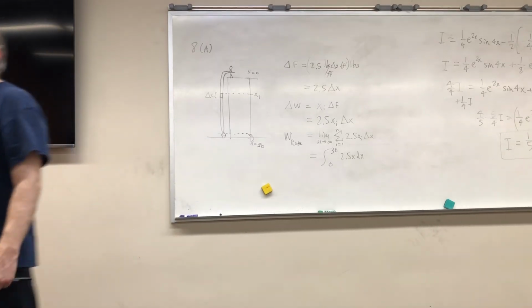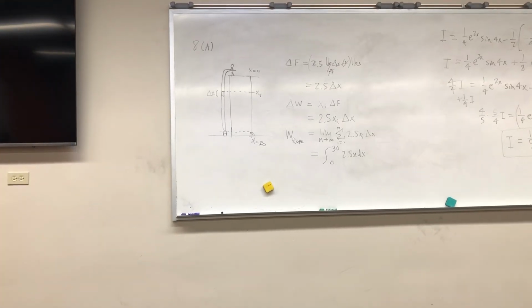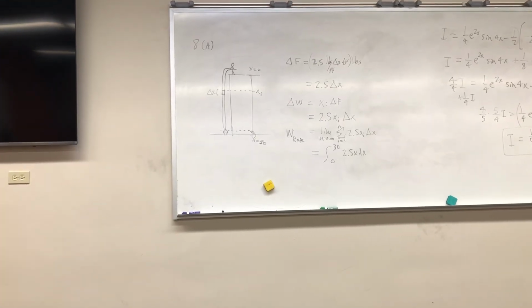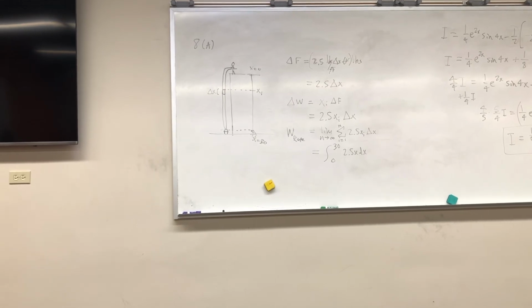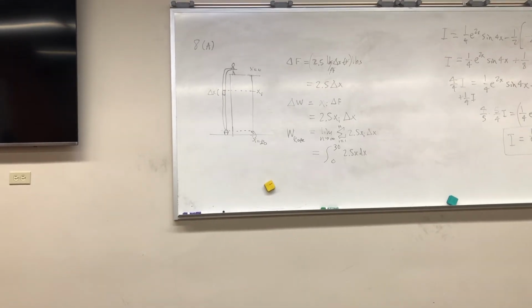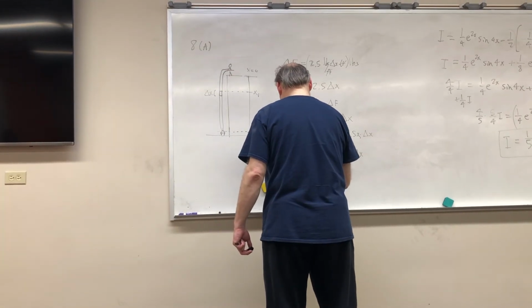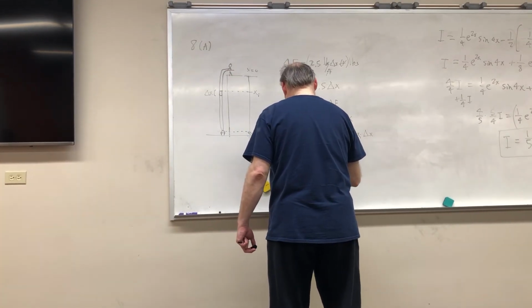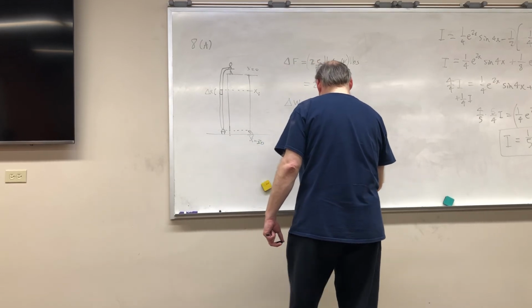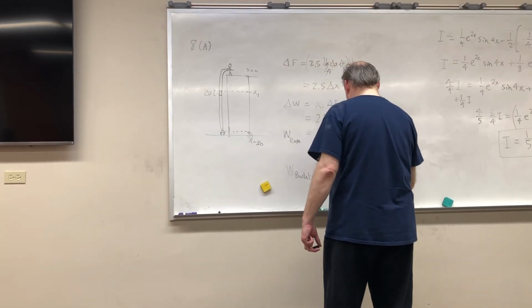And then the work done on the bucket is just going to be 30 feet times 16 pounds, for 480 foot-pounds. So the work done on the bucket is simply 16 times 30, which is 480 foot-pounds.